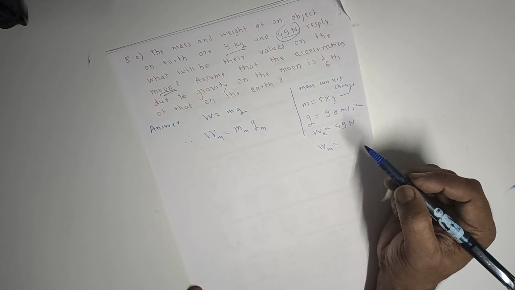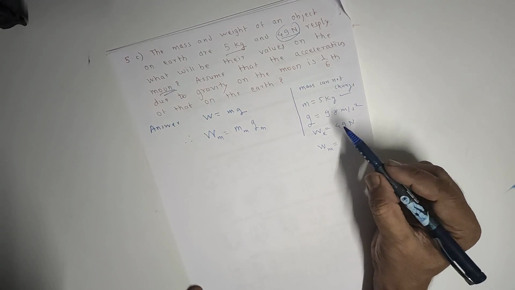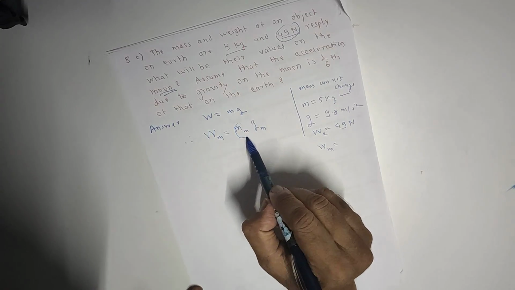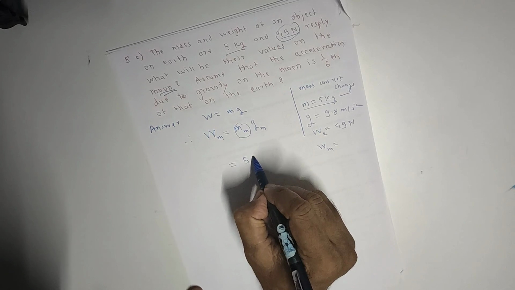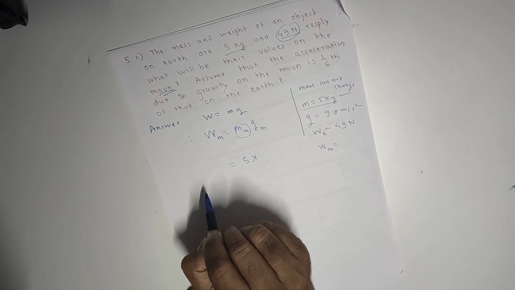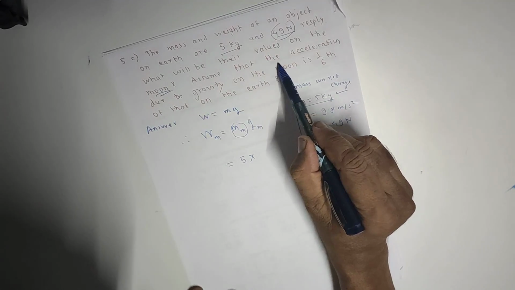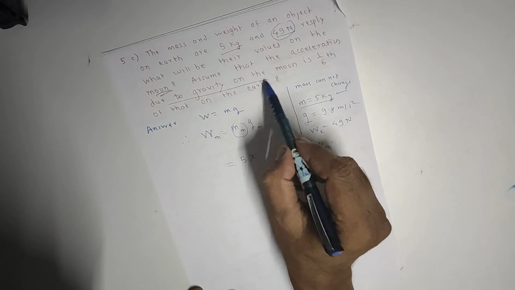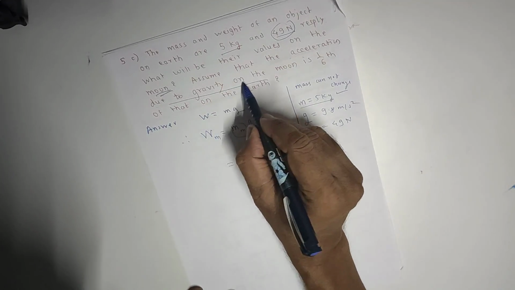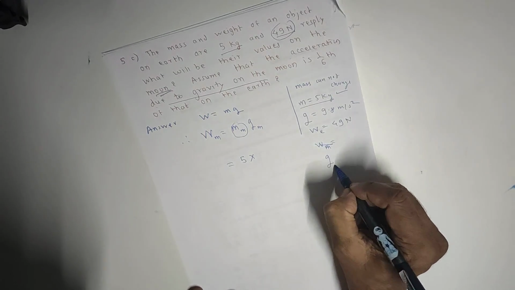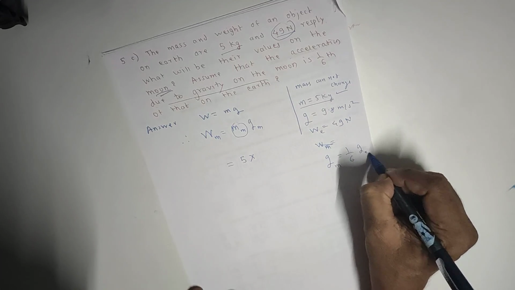Here, for this expression, m cannot change because mass cannot change, therefore we write 5 as it is. Then here we assume that acceleration due to gravity, g on moon, is 1/6 of g on earth.